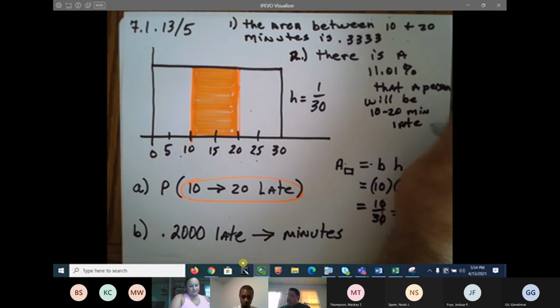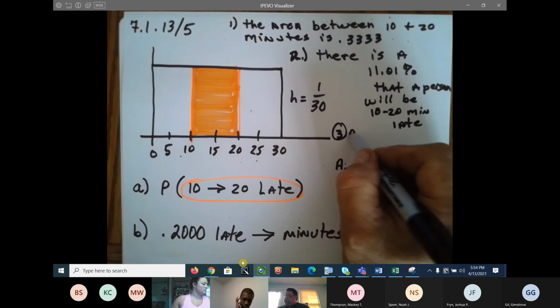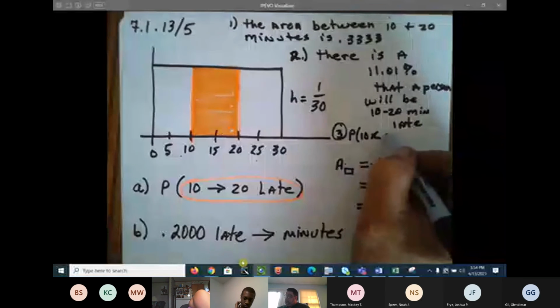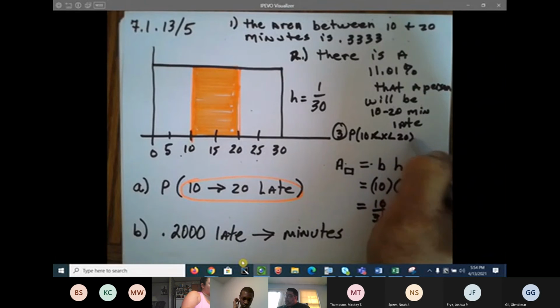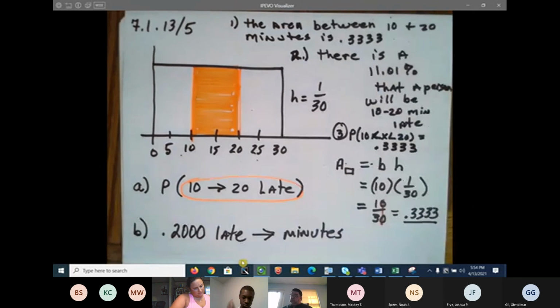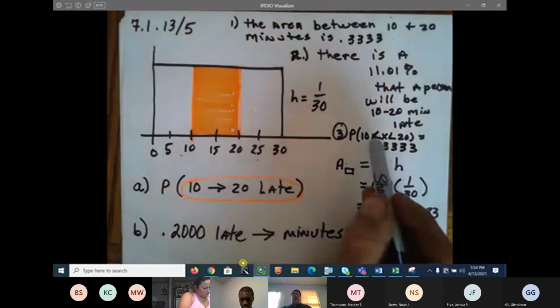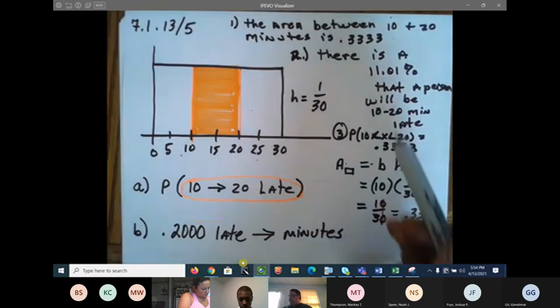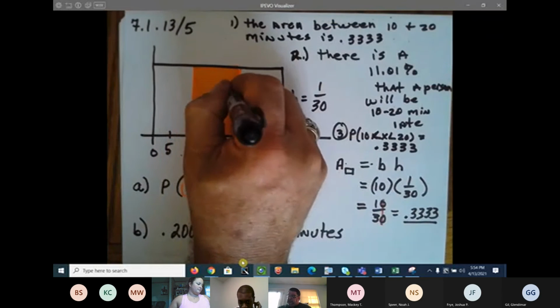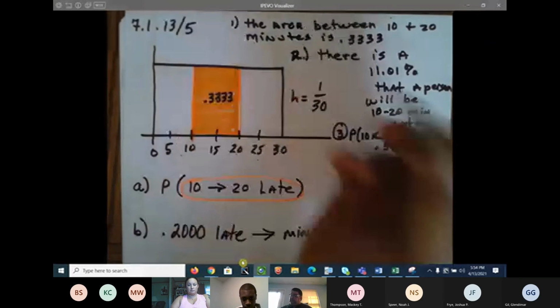And then the last way is to say the probability of being between 10 and 20 minutes late is equal to 0.3333. Those are the 3 ways that you can define this 0.3333 in the orange area.